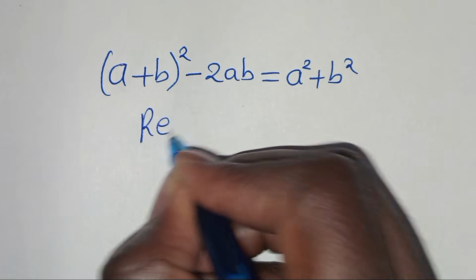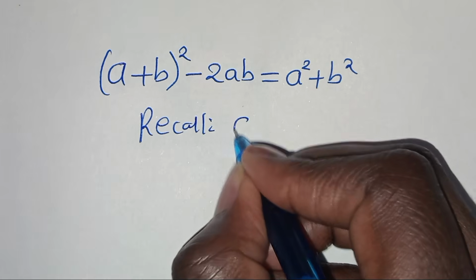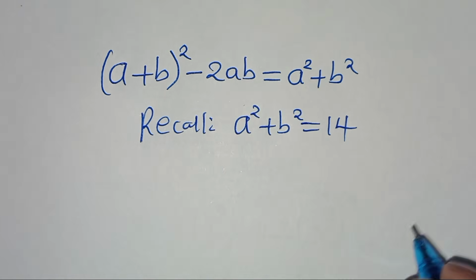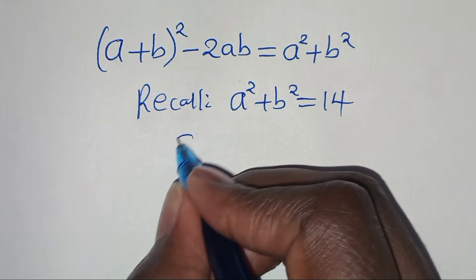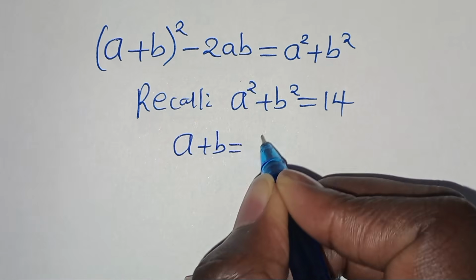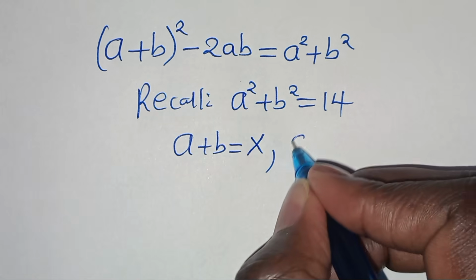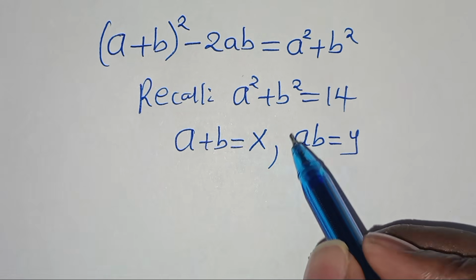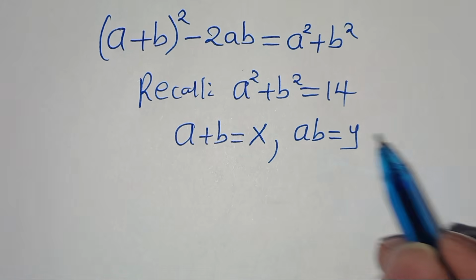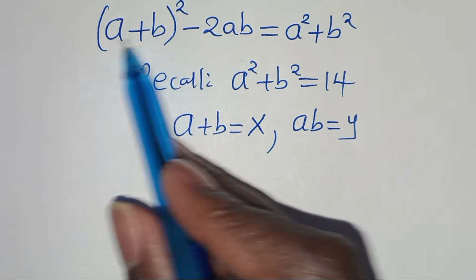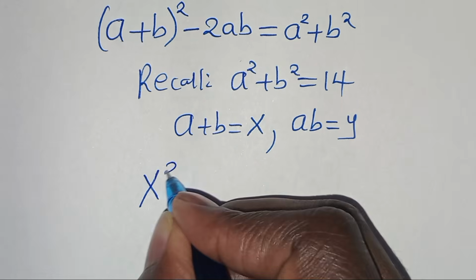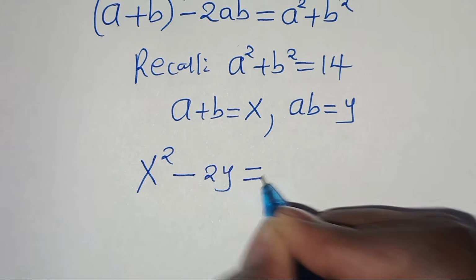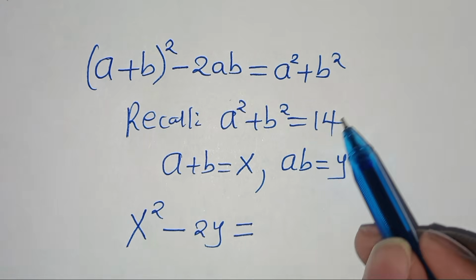And if you recall, a squared plus b squared, this is equal to 14. And we have that a plus b, this is equal to x. And we have ab, this is equal to y. So let's substitute in terms of x and y here. So here we have x squared minus 2y. This is equal to a squared plus b squared, which is 14.